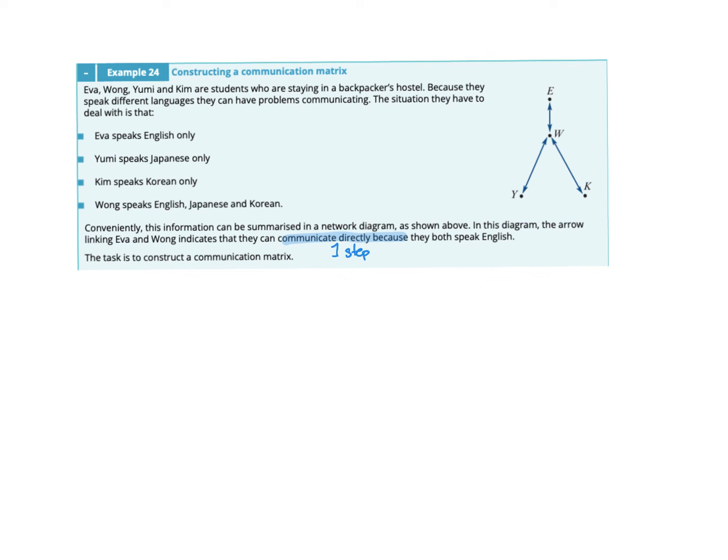They want us to construct a communication matrix. We often call it C, and since we've got 4 people, we're going to have a 4 by 4. I'll just do Eva, Wong, Yummy, and Kim. It doesn't matter how you put them in, but if I've done that order down this way, Eva, Wong, Yummy, and Kim has to go the same way across the top.